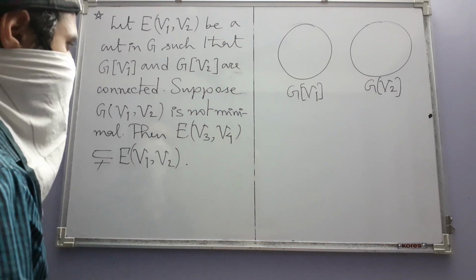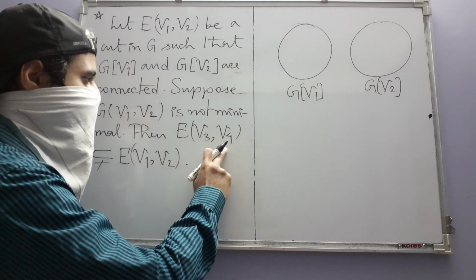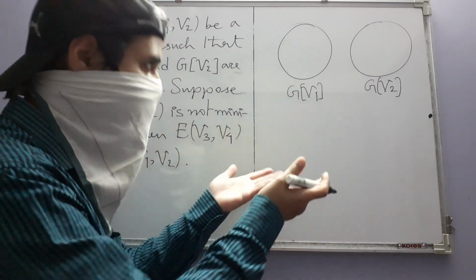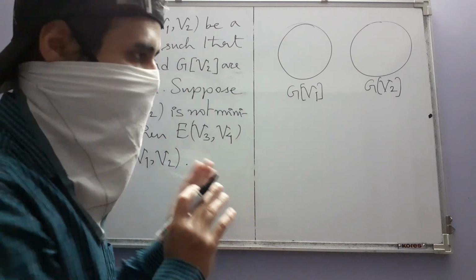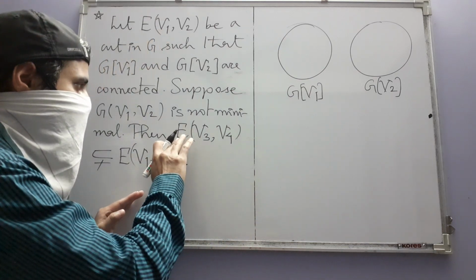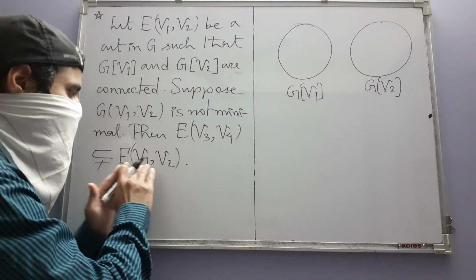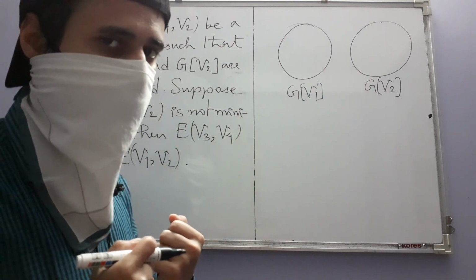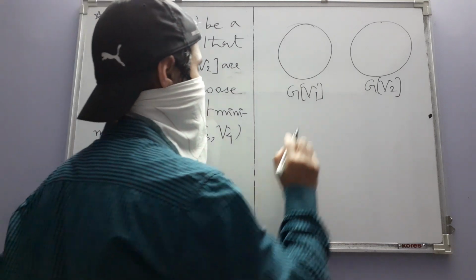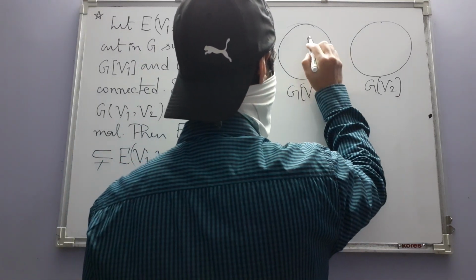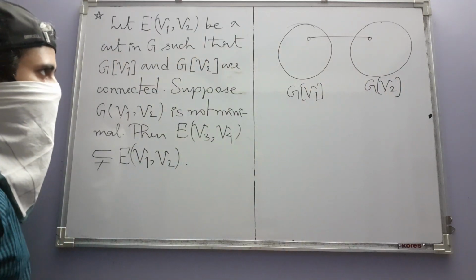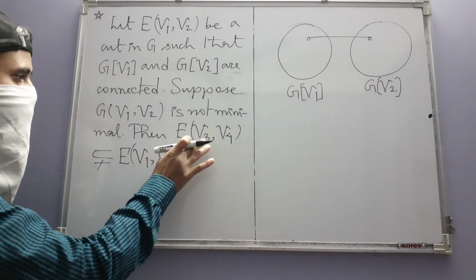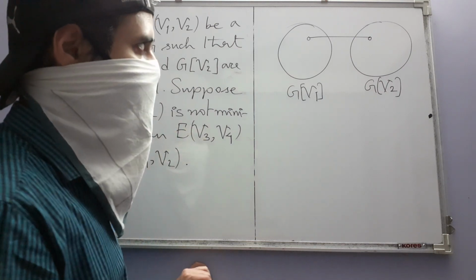But what we are saying is that there is a strictly smaller cut which is contained inside of this cut. So that means in order to obtain EV3, V4 from EV1, V2, you must remove at least one edge. Okay, and let such an edge be this. This edge is originally in EV1, V2, but it is not in EV3, V4.